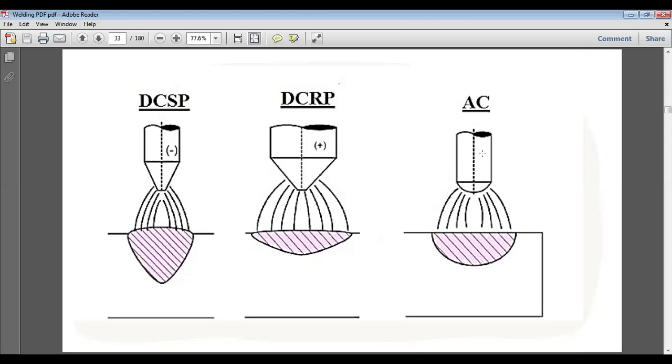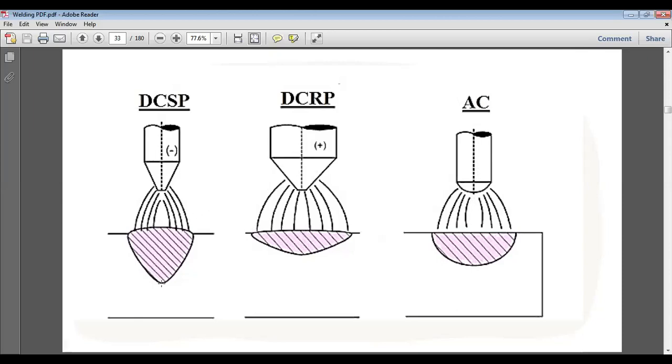We have a medium thickness of the electrode because the polarity of the electrode is constantly reversing, and this way it also has medium heat penetration as compared to direct current.